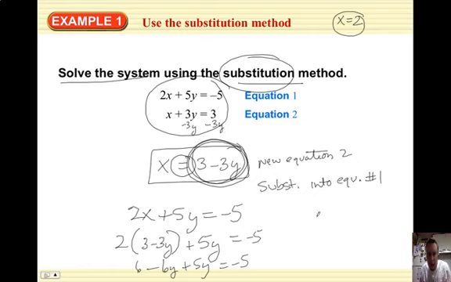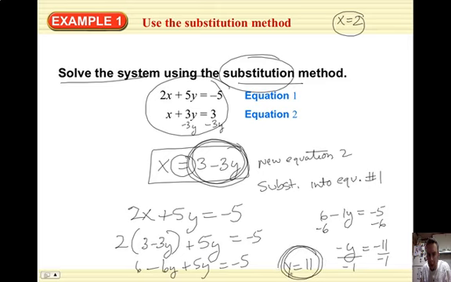So I got 6 minus y equals negative 5. Get y by itself, so minus 6, minus 6. Negative y is equal to negative 11, which means divide by negative 1, negative 1, y equals positive 11.